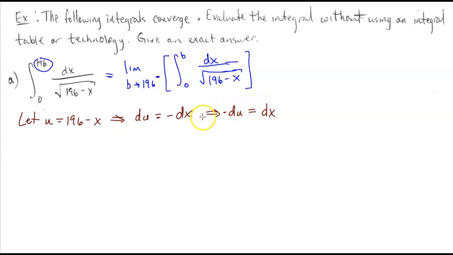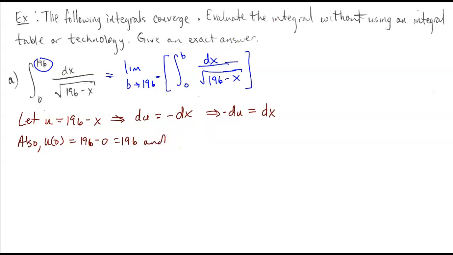All right. So we also know here that our limits of integration are going from 0 to b. So I want to say u of 0 is just 196.